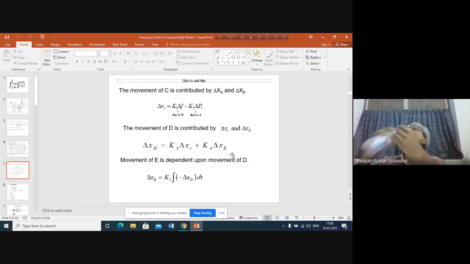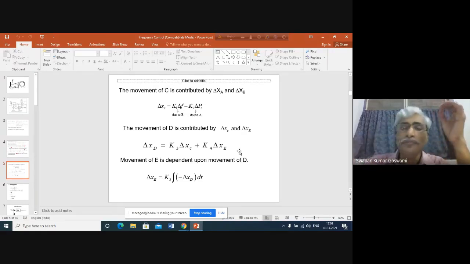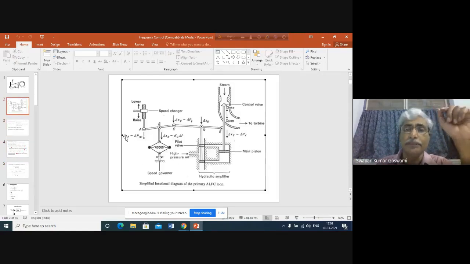Okay. Now let us see how the movement of D and E are related. For the movement of E, what is needed is the oil movement from this cylinder to this cylinder, either through these spaces or through these spaces.